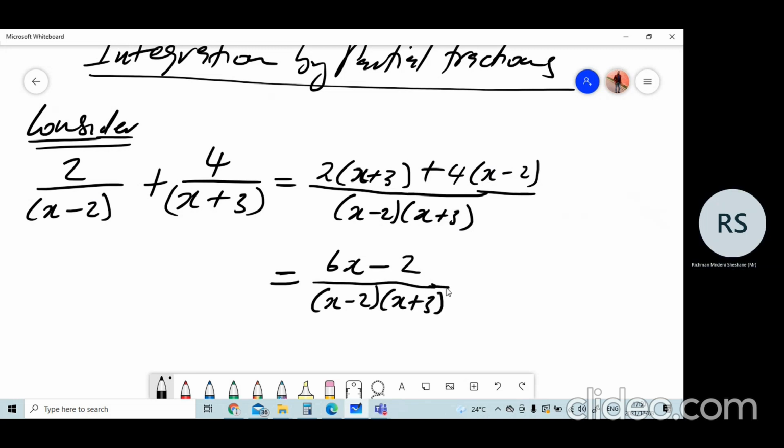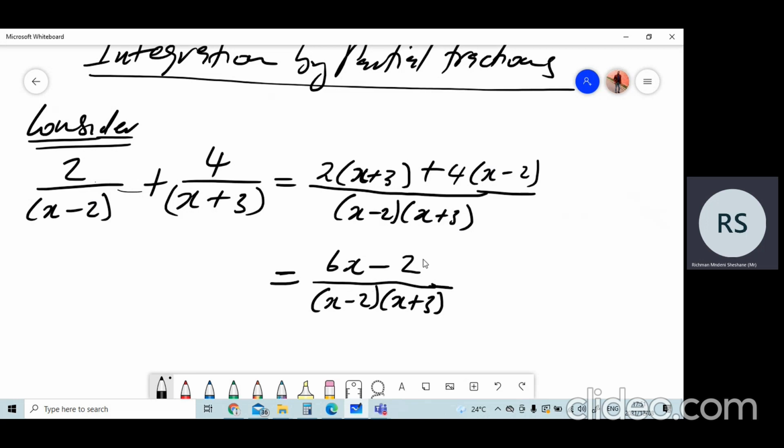So when you add these two fractions, you get this expression. What is on the left, we call the partial fractions of the expression on the right. We're able to go from partial fractions into a single expression, and the reverse process is what we want to do.